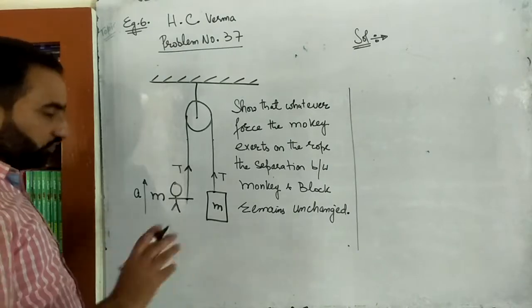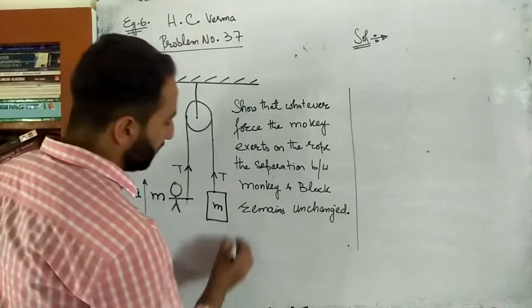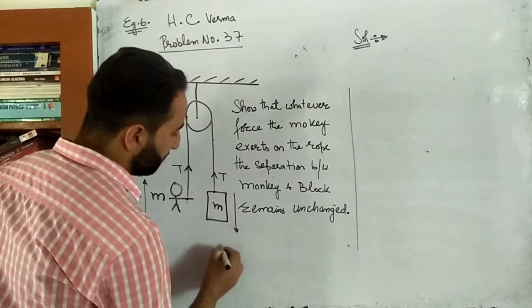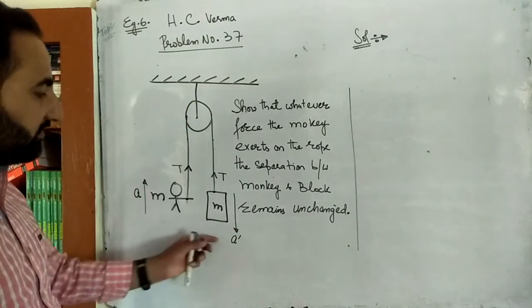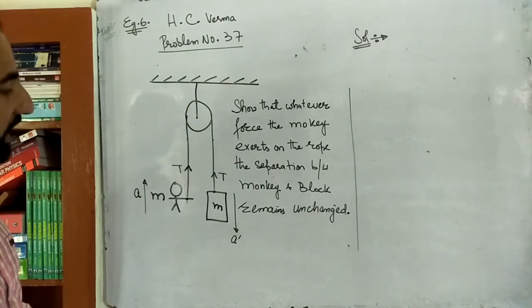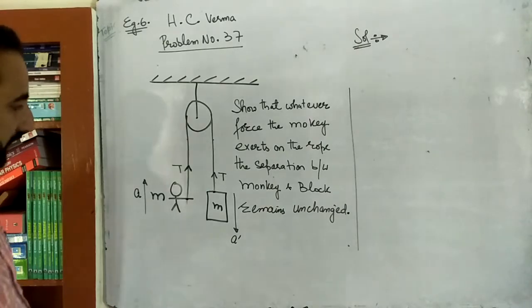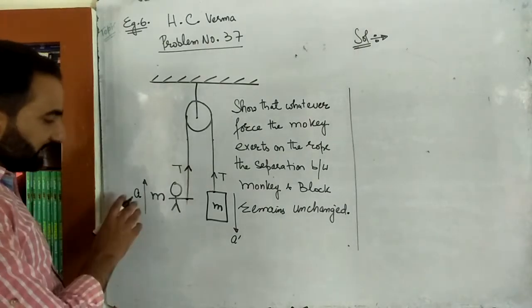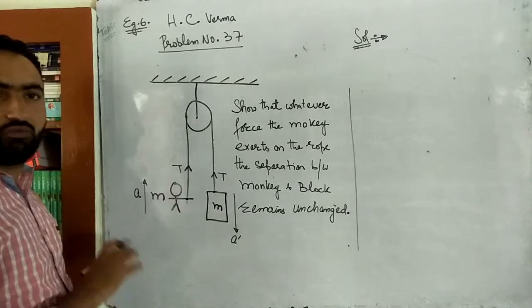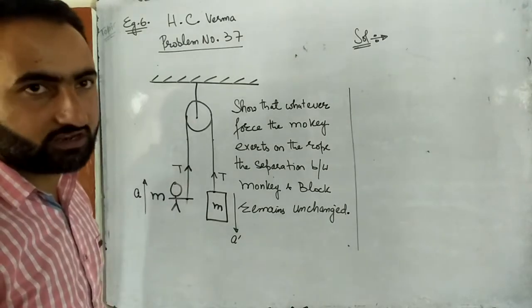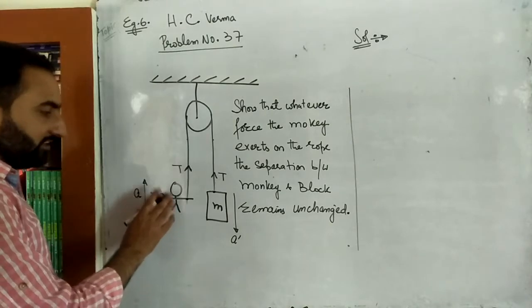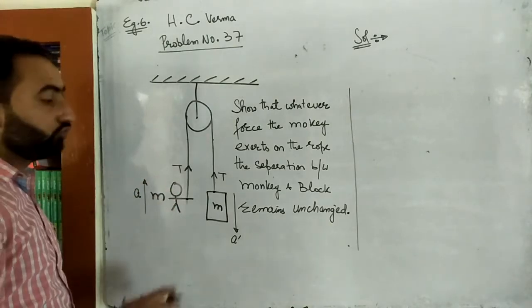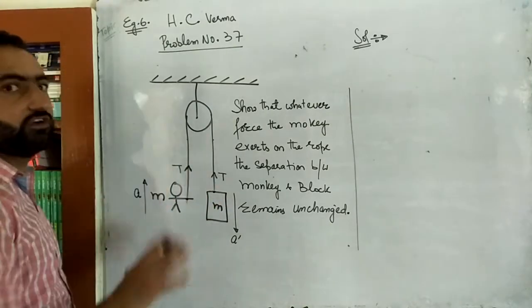But what we'll do is assume that this accelerates downwards with some acceleration, suppose a dash. We'll assume that this accelerates with an acceleration of a dash, and that too downwards. If somehow we can prove that this a dash is equal to minus a, we're done with the problem. Note that we have assumed that its acceleration is a upwards, so we have to prove that its acceleration is also a upwards.